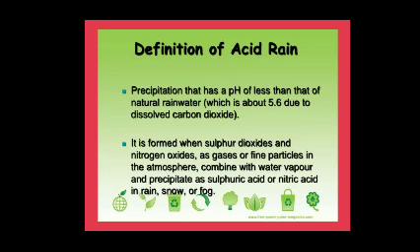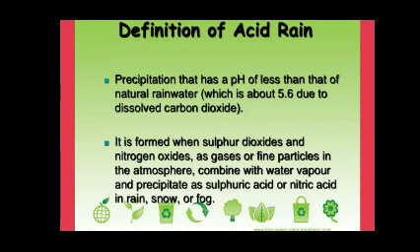It is formed when sulfur dioxide and nitrogen oxides as gases, and fine particles in the atmosphere, combine with water vapor and precipitate as sulfuric acid or nitric acid in rain, snow, or fog.